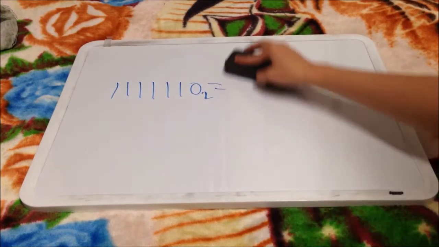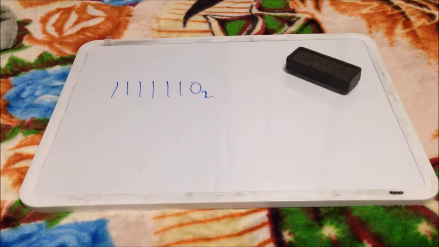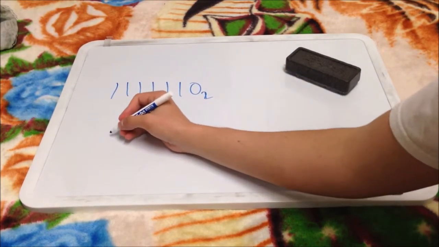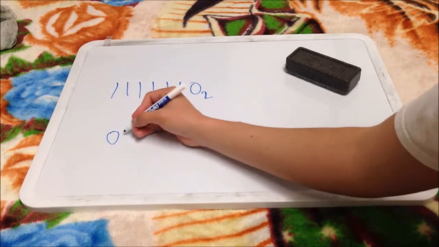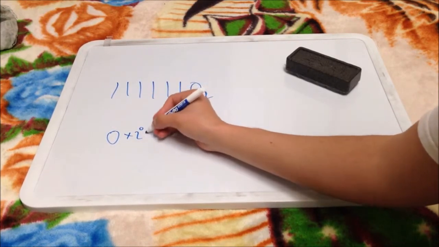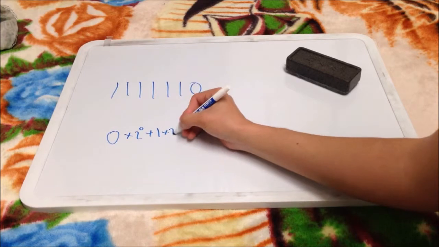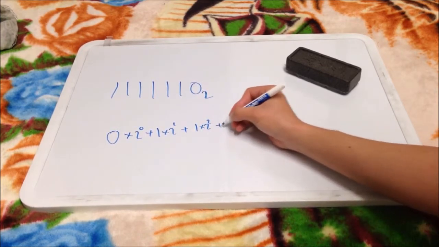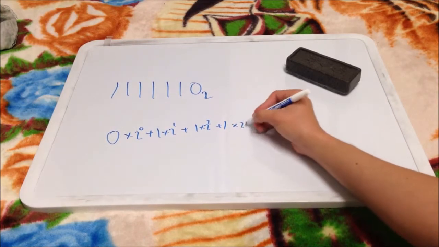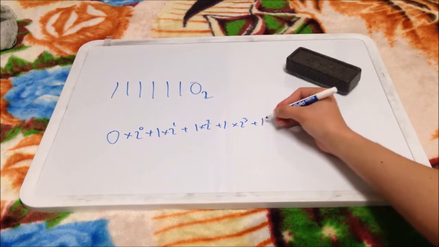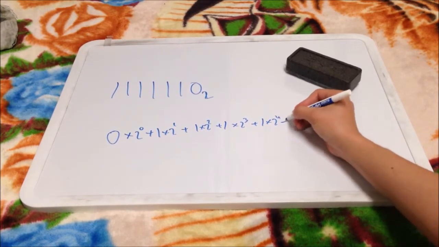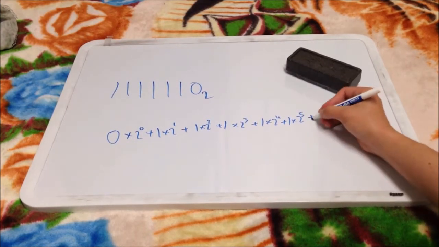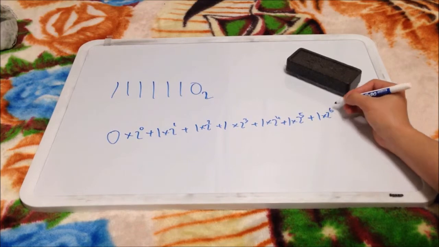And you'll find that if we convert back, we'll get back 126. 0 times 2 to the 0 plus 1 times 2 to the first plus 1 times 2 to the second plus 1 times 2 to the third plus 1 times 2 to the fourth plus 1 times 2 to the fifth plus 1 times 2 to the sixth.